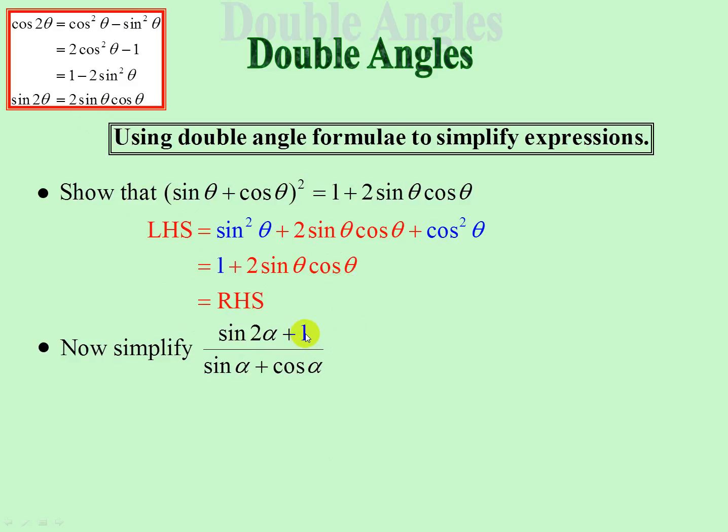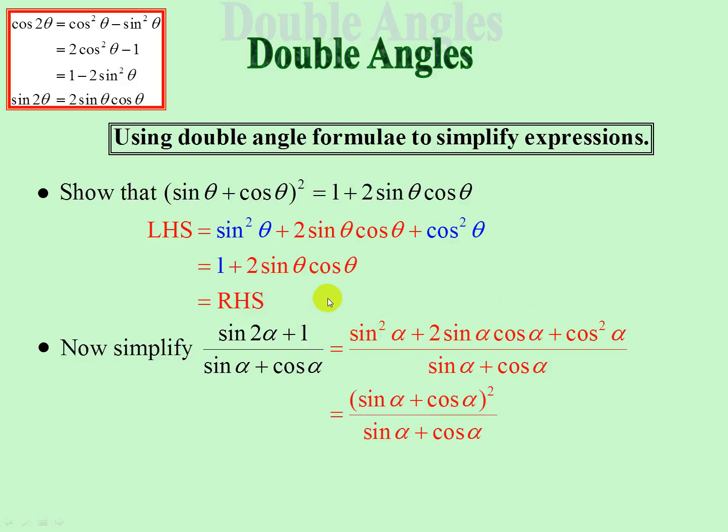If we have a look at that, we can now go the other way and write 1 as sine squared plus cos squared. There we are. Sine 2 alpha, 2 sine alpha cos alpha, sine squared plus cos squared gives you your 1. Now we're going for algebra here. This one here factorizes. There we are, sine alpha plus cos alpha all squared, and we can reduce. There we are.